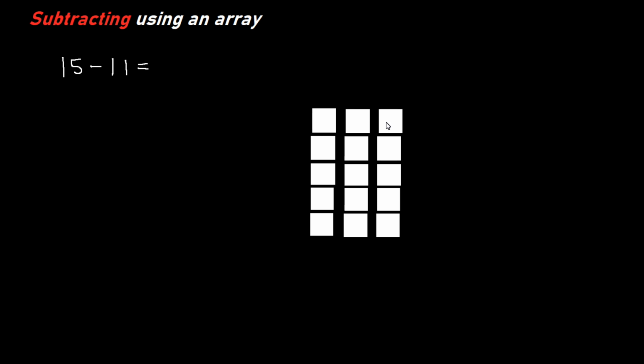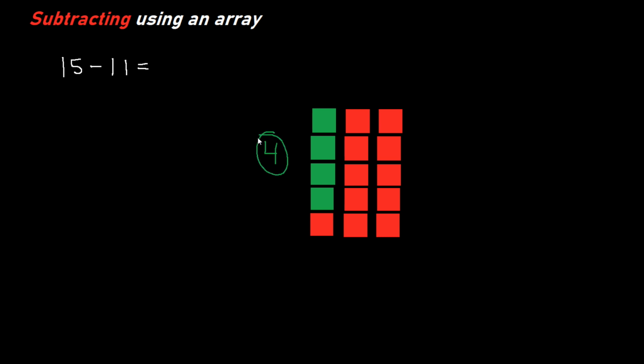We can simply count along. 1, 2, 3, 4, 5, 6, 7, 8, 9, 10, 11. Now let's count how many are left. 1, 2, 3, 4. We now know that we have 4 left. 15 minus 11 is 4.